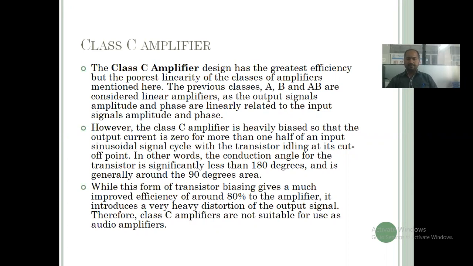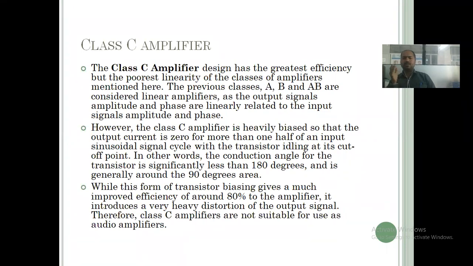But a positive thing about the class C amplifier is its efficiency, which is the ratio of output power to input power. In this case, that ratio is near about 80%, which means losses are less. But one defect is that of the transmitted signal, only less than 180 degrees is received at the receiver.